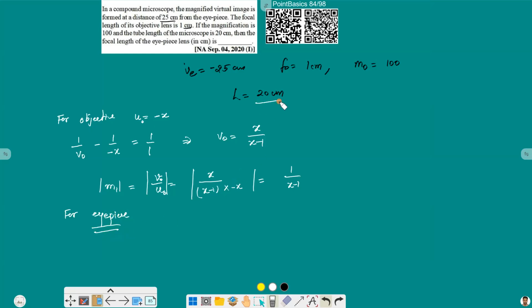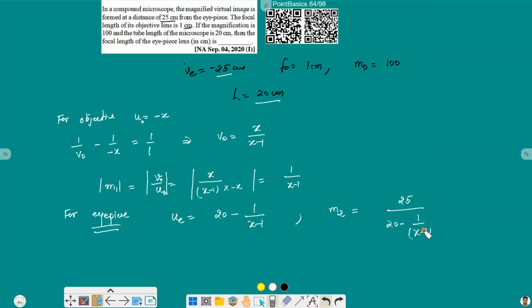And this is M1. Now for the eyepiece, as their separation is 20 centimeter, U_E will be equal to 20 minus 1 by X minus 1. And we know V_E already, minus 25. So M2, the magnification due to the eyepiece, will be equal to 25 divided by 20 minus 1 by X minus 1.